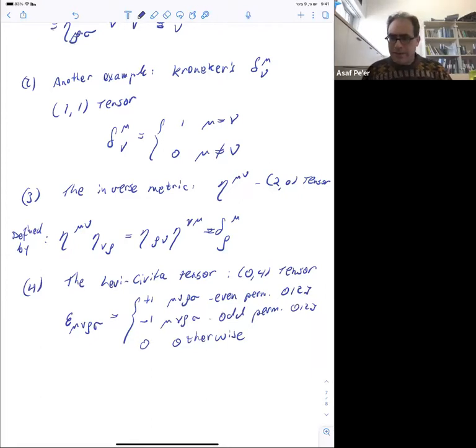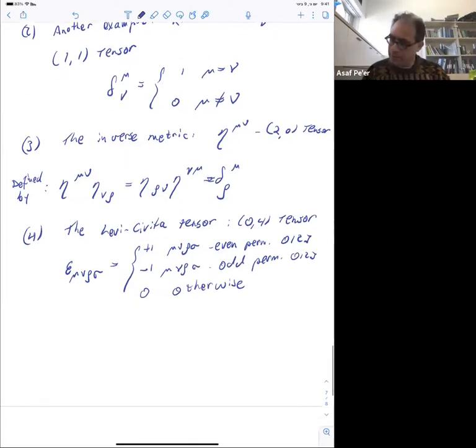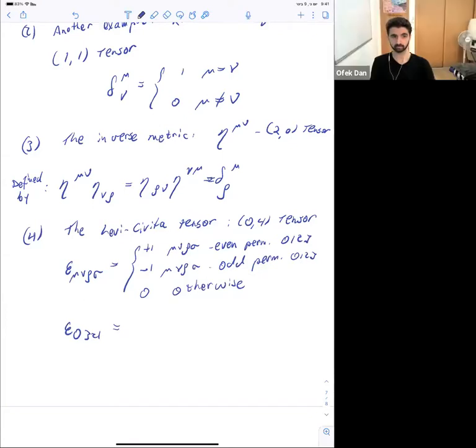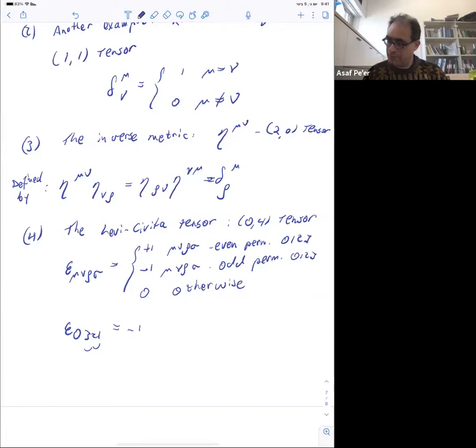You've seen that before. So what would epsilon 0, 3, 2, 1 be? -1. Swapping 1 and 3 is a single transposition, so it's an odd permutation.